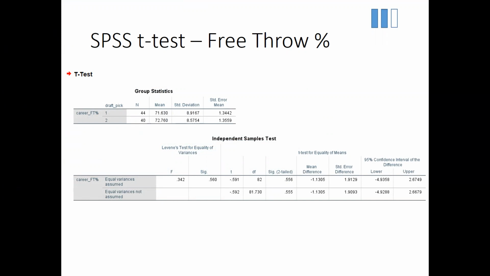What's the average free throw percent for second overall draft picks? Almost 73%. Who's got the higher percentage of free throws made? Second. Hey, they're first in my book, even though they weren't first overall.